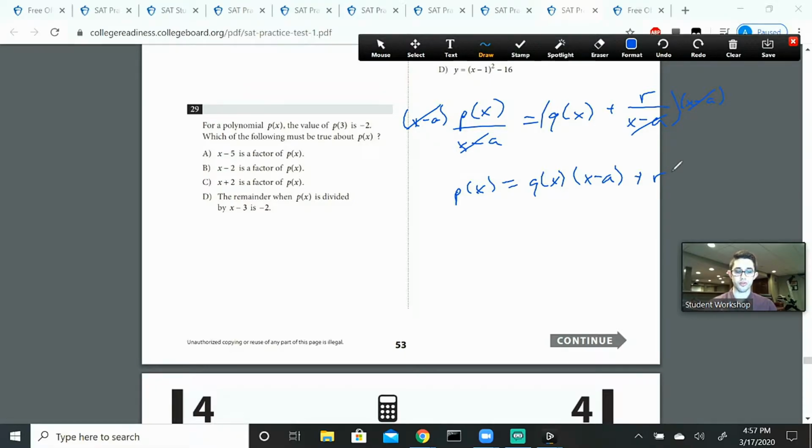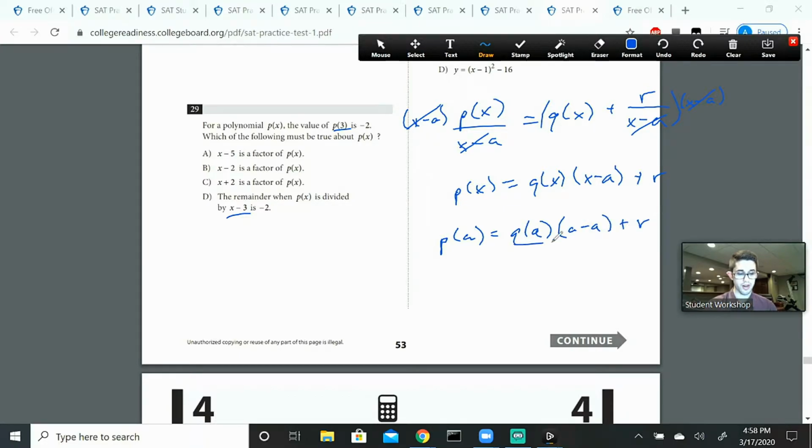And now in order to make it similar to our problem, we're going to pick P of a, right? Because we divided by x minus 3 and it gave us P of 3. So we want the number that we're putting into the function to be a, so the x value in this case would be a. So P of a equals q of a times a minus a plus r.